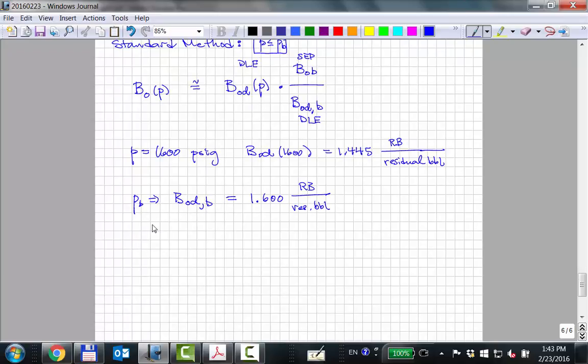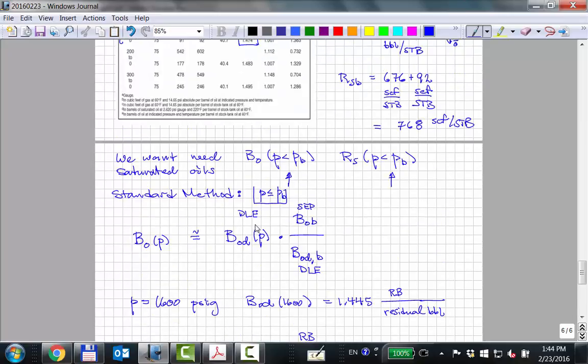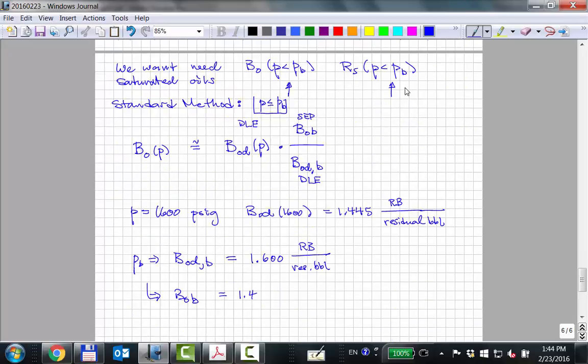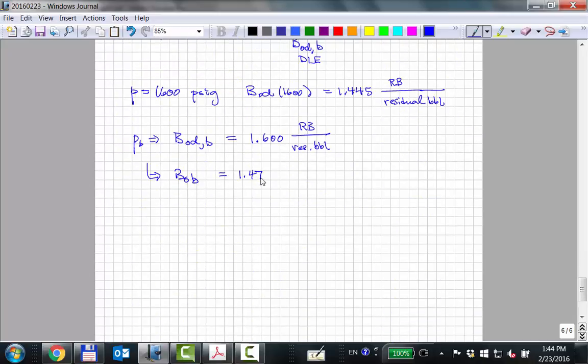And also at the bubble point, from the separator test, you've got BOB, and that was 1.474 per stock tank barrel.